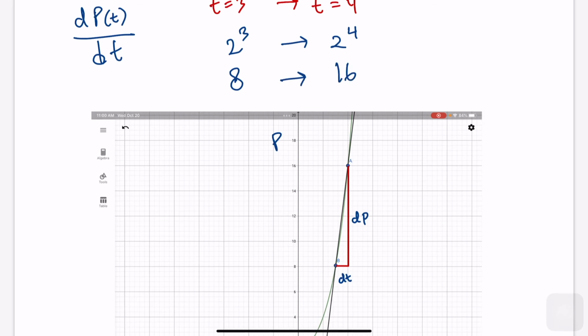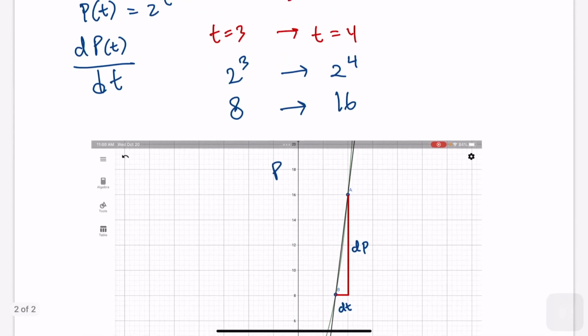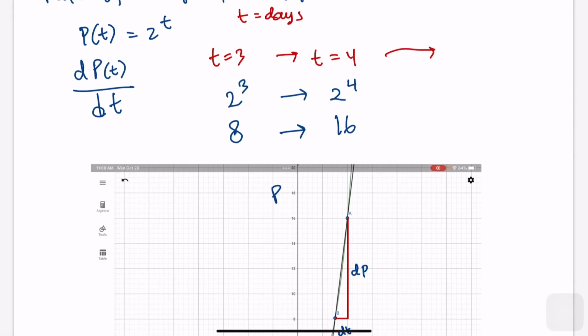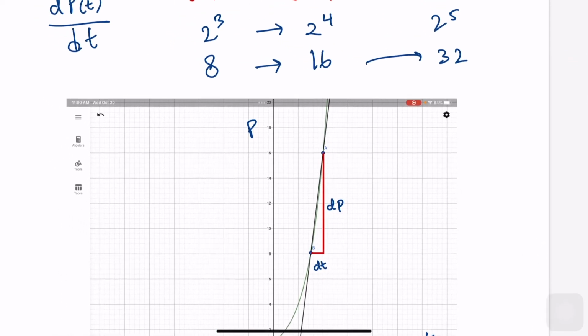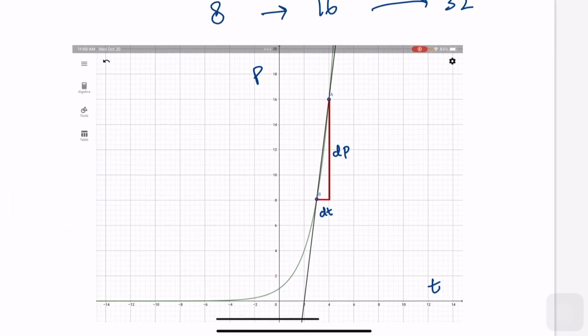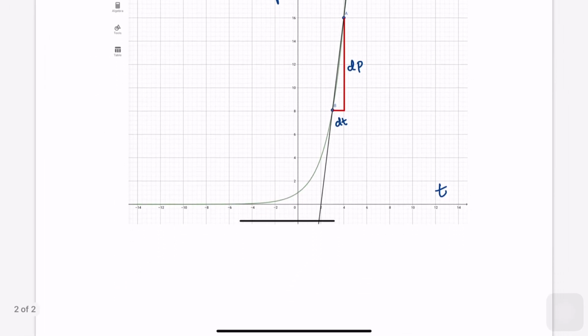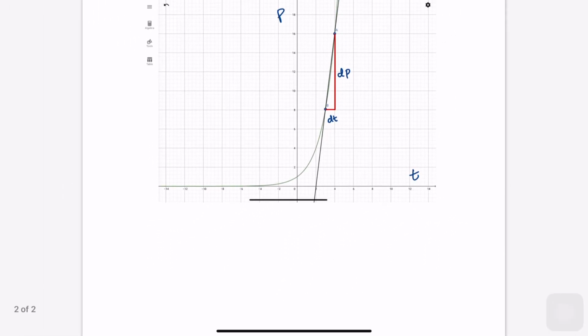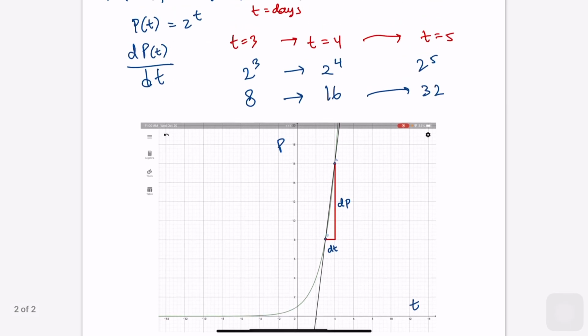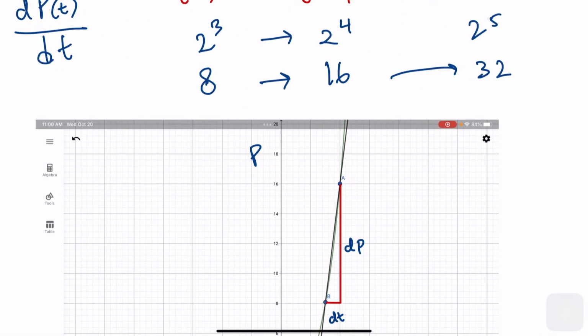The rate of change between 3 and 4 grows from 8 to 16. If you look at t equals 5, this will be doubling again. It's growing, doubling, and also doubling, right?